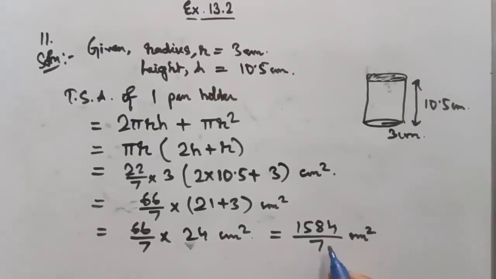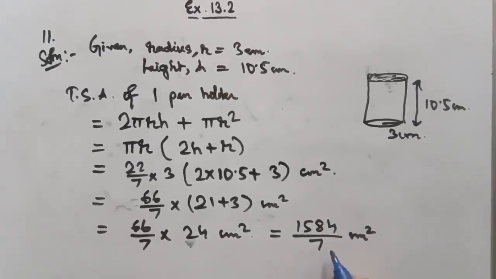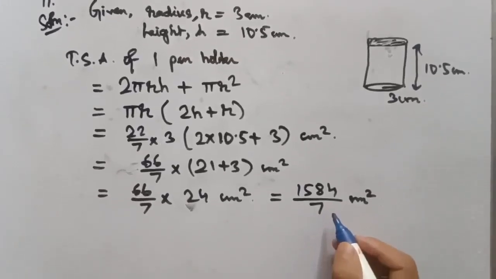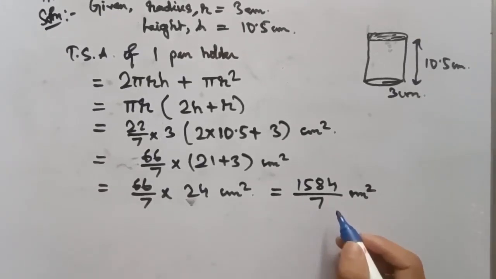Let us keep the value as it is, and now let us find the total surface area of 35 pen holders.